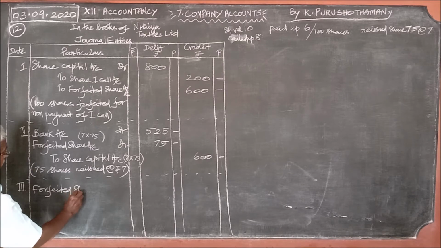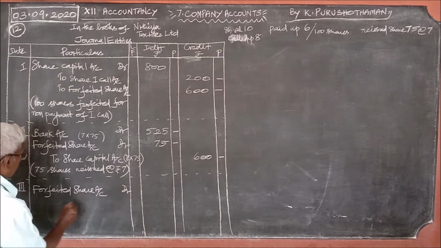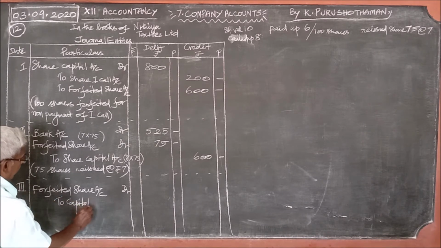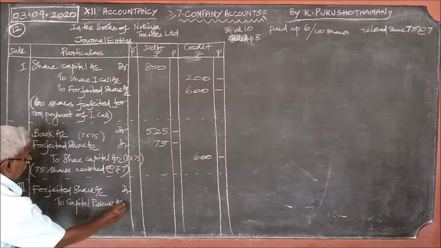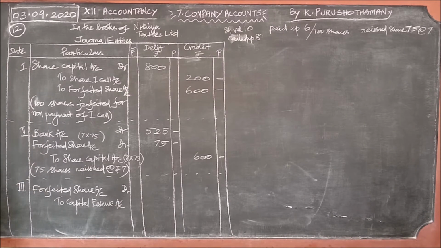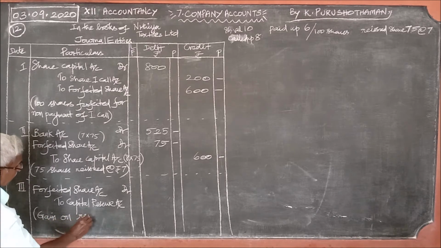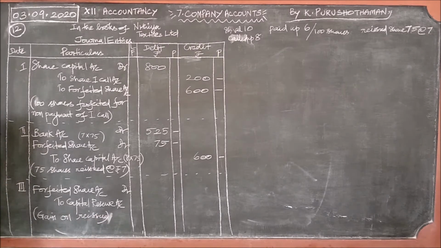Forfeited share account debit to capital reserve account. Narration: gain on reissue.